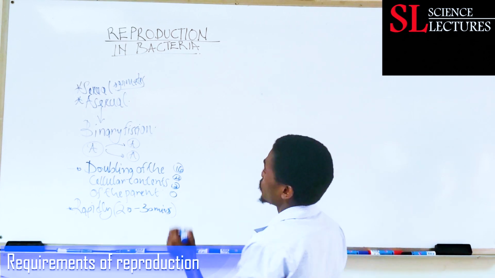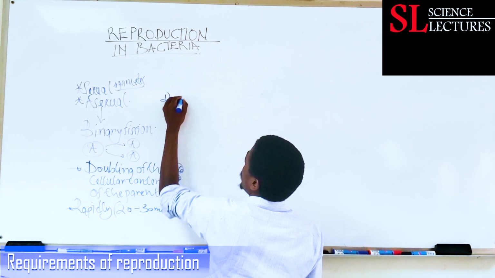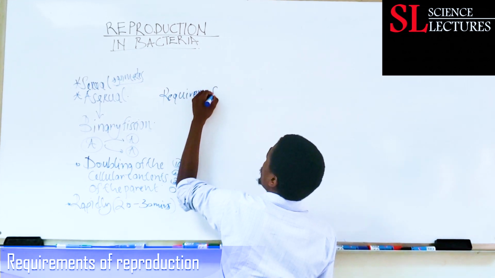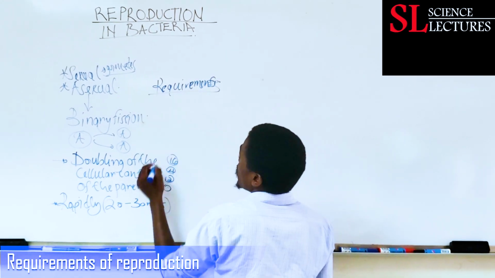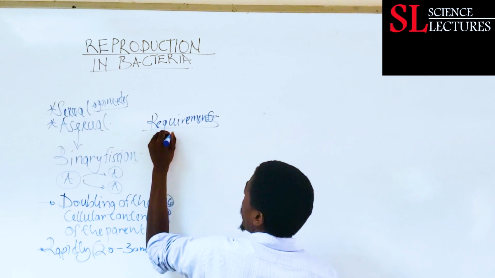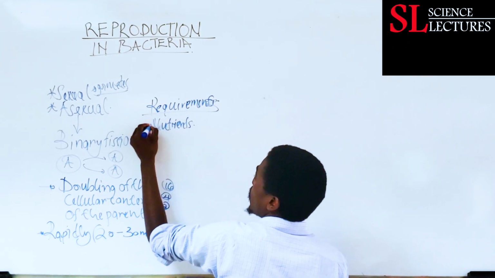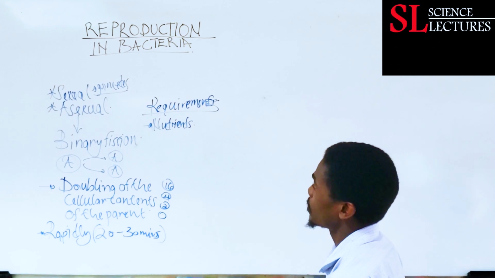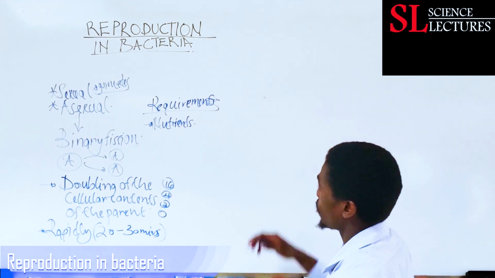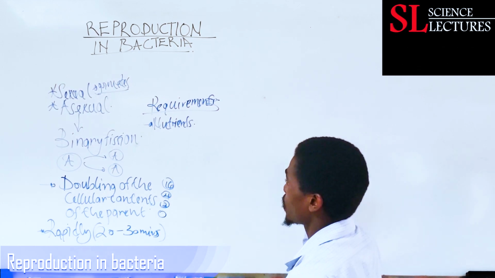However, for bacteria to divide like this, there are certain requirements that must be present in the environment. What are some of these requirements? The presence of the required nutrients for growth. We know that bacteria require macro and micronutrients, and some require heavy metals. Macronutrients like sulfur, phosphorus, potassium, magnesium, hydrogen, oxygen, carbon.